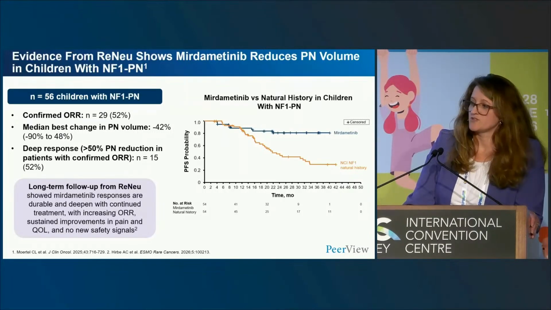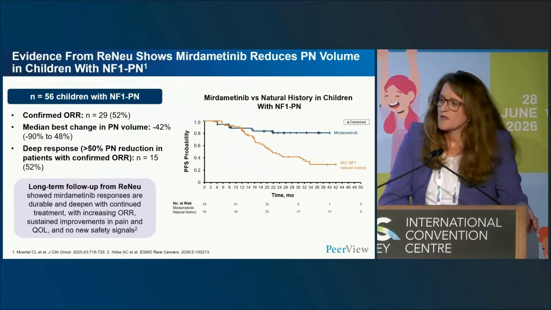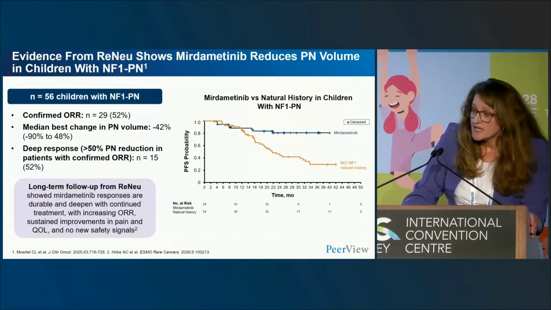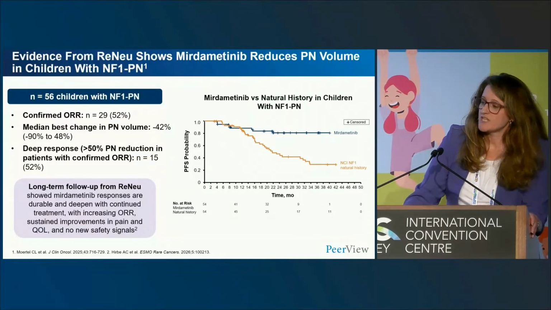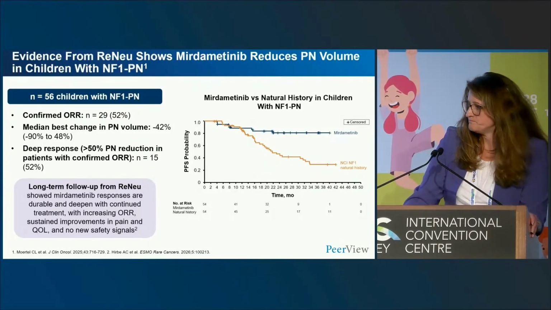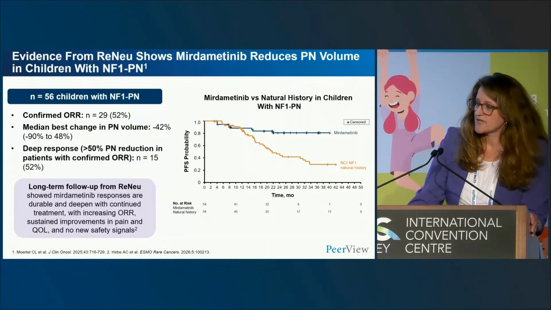With a deep response, so greater than 50% plexiform neurofibroma reduction, in 15 of those patients, 52%. Again, with continued treatment, there was long-term follow-up that showed sustained improvement in pain and quality of life. The comparator graph on the side, again, is also comparing to the natural history study.